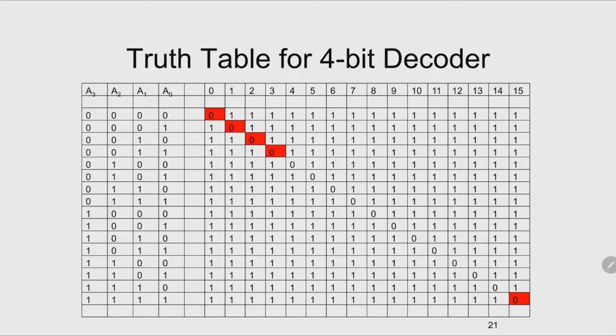Okay, so this is a truth table of that 4-bit decoder. If we have 0, 0, 0, 0, then the output 0 will be 0, the rest stay 1. If you have, let's say, 0, 1, 1, 1, which is 7, the address line 7 will go active, will go to 0, and the rest of the outputs stay at 1.